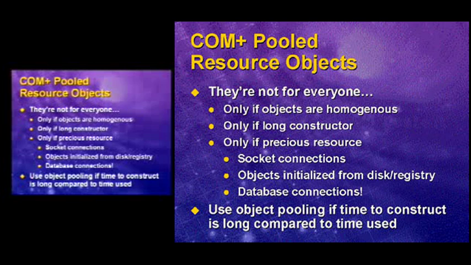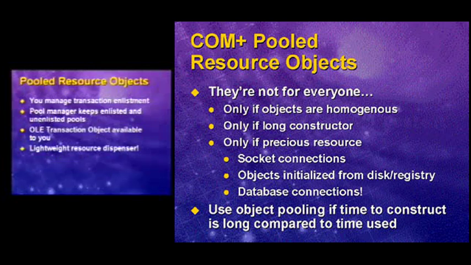Precious resources might be such things as socket connections. They might be objects initialized from disk or registry where it's time-consuming to hit the disk, or they might be, surprise, surprise, database connections. And again, I use object pooling if the time to construct is long in comparison to the time used.